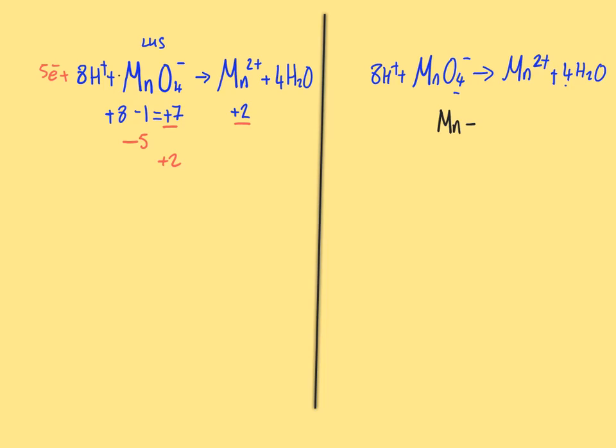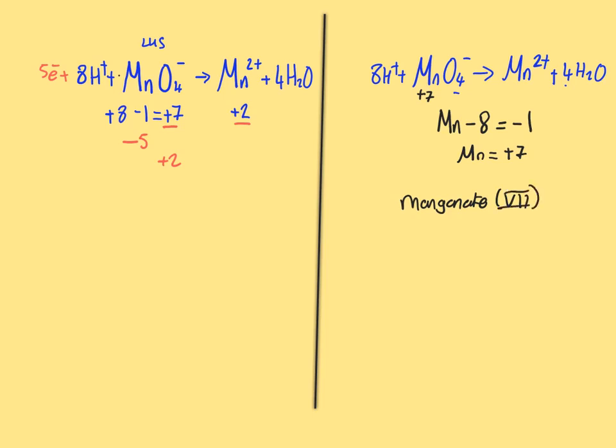We've got 4 oxygen atoms, and therefore the oxygen atoms have a total oxidation state of -8. The overall charge is equal to -1. Manganese therefore has an oxidation state of +7. So this is the manganate 7 ion.